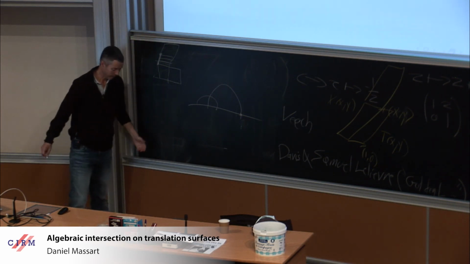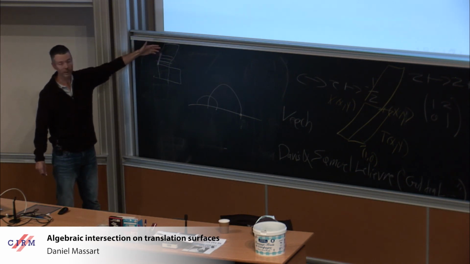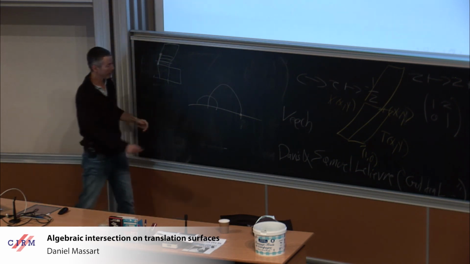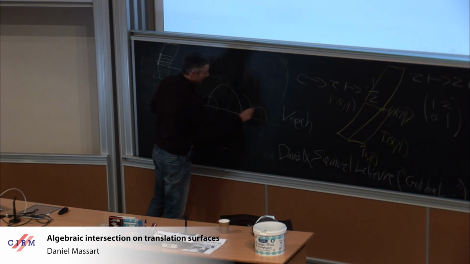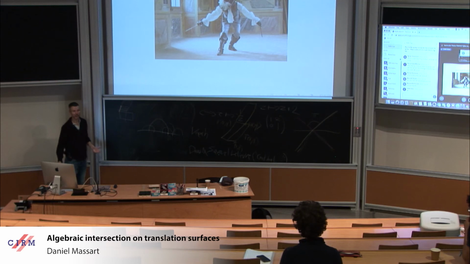And what I would like to do would be to use the fact that directions of periodic cylinders are dense. So I have this dense set of geodesics along which Bill is larger than 2. So that's the general idea.